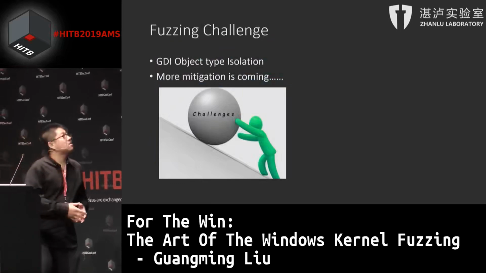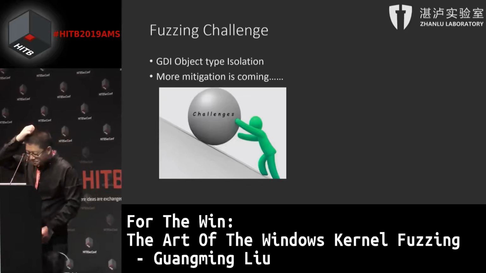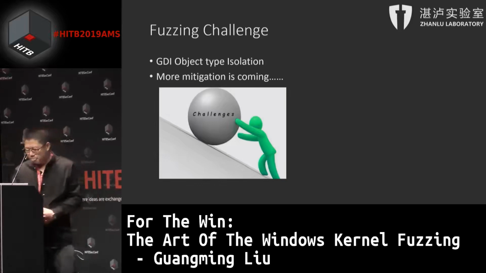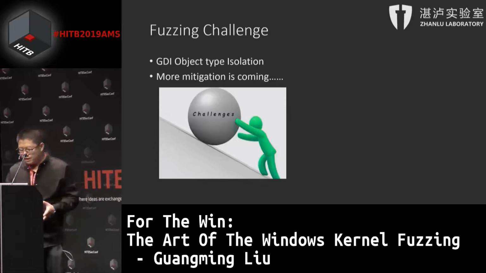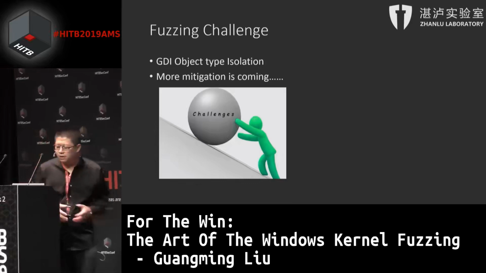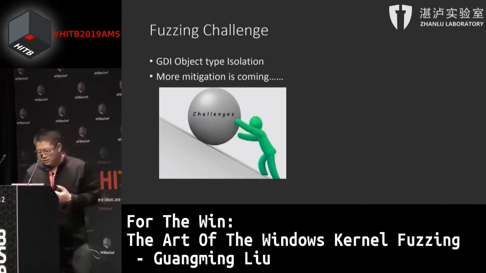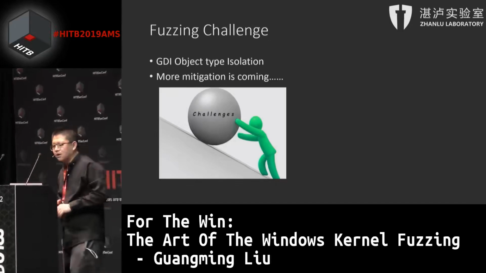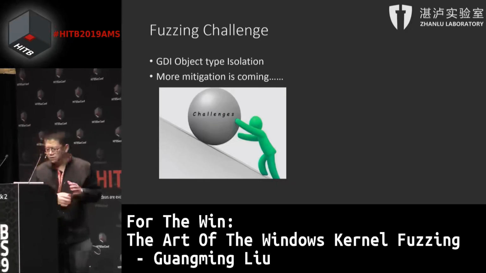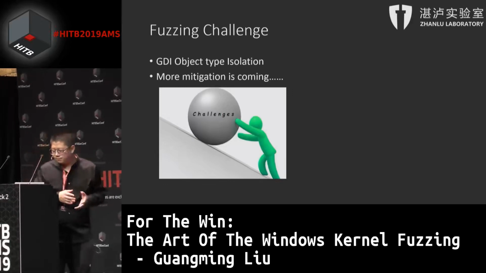So the next part is the fuzzing challenge. In the next part, I will share the challenges I faced during the fuzzing. On Windows 10 1709, Microsoft introduced a type isolation mechanism to prevent use-after-free bugs.